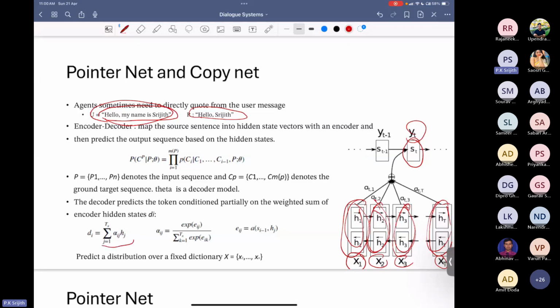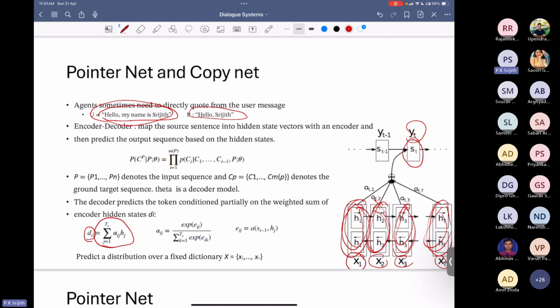So what you're trying to do is predict for the ith step at the decoder level. And when you're trying to predict for the ith step of the decoder, you consider some kind of a weighted combination of the hidden representations of the input. These weights will be different for different steps of the decoder.